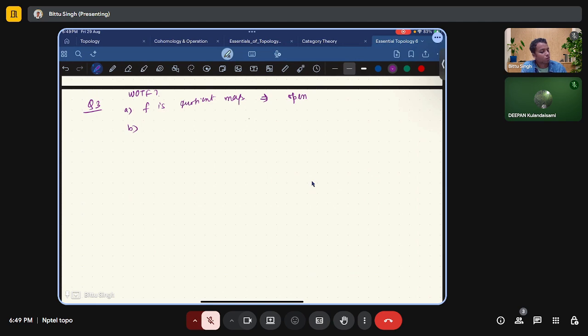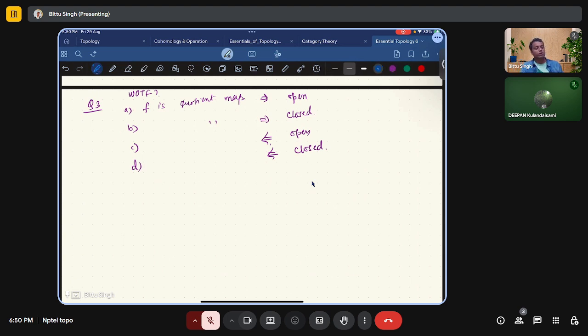Option B, quotient implies closed map. Option C, open implies quotient. And D says closed implies quotient. Which of the following are correct?